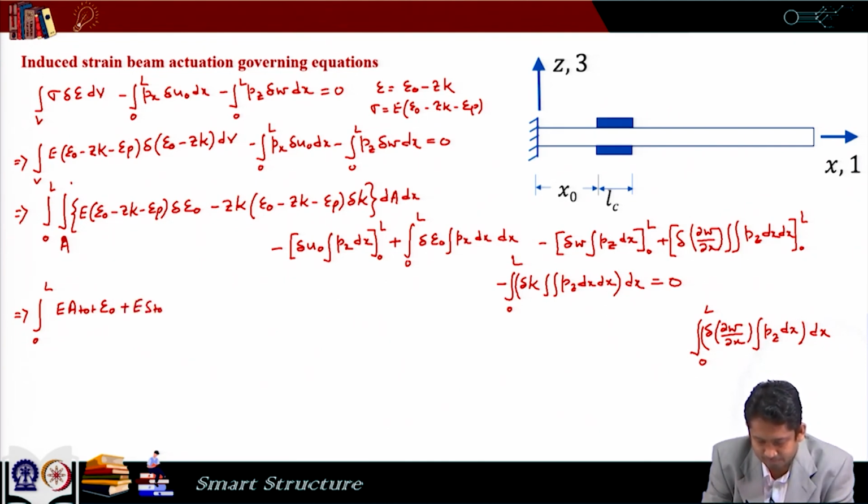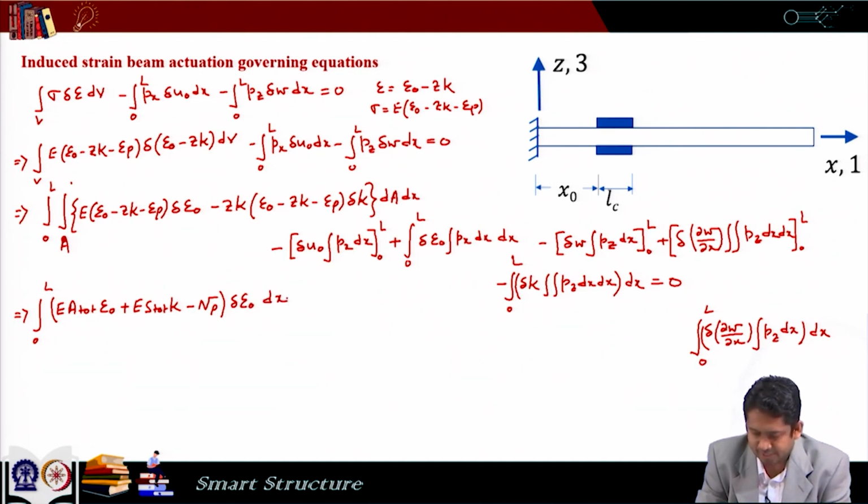So, we have E S total kappa, and E epsilon p on being integrated gives me N p. So, this multiplied by delta epsilon 0 dx. Now, when we treat this, we have minus z into epsilon 0 integrated over dA.